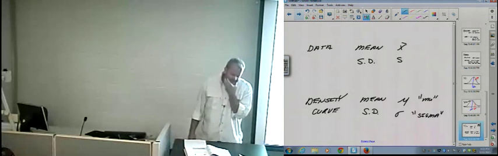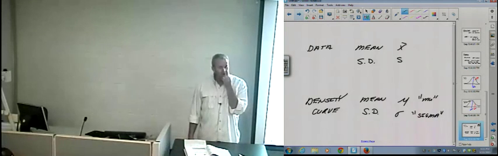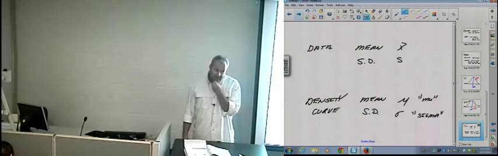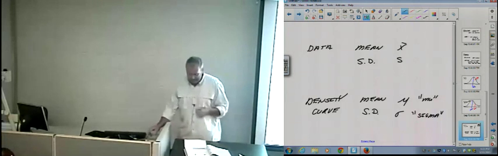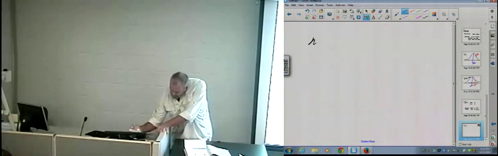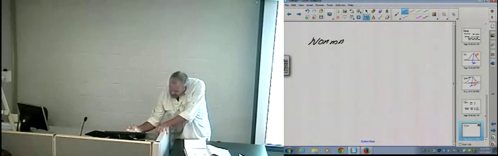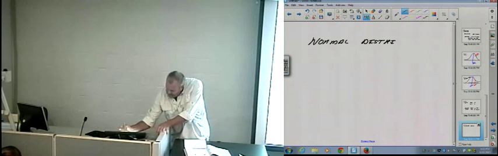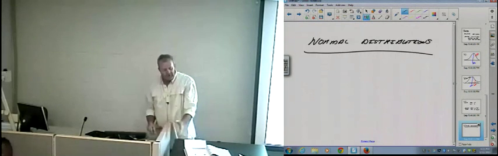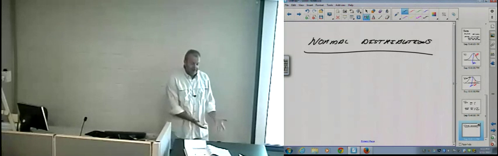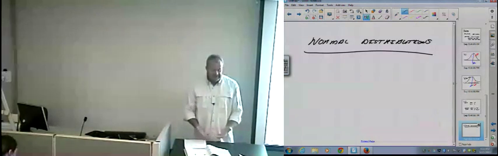Now, we are interested in a particular type of distribution and a particular type of density curve. And what we're interested in is normal distributions. Remember, that was the title of the chapter. The first part of the chapter is just getting your head around the fact that we're getting ready to get rid of the histograms, and we're going to work with these smooth curves, these density curves.